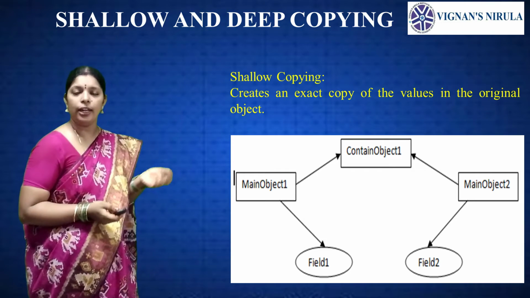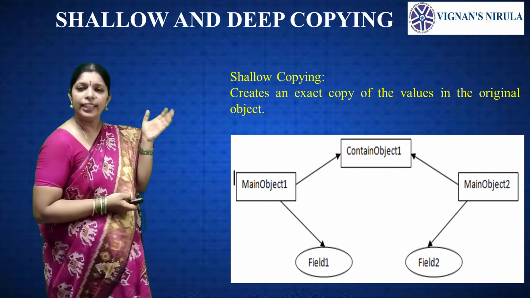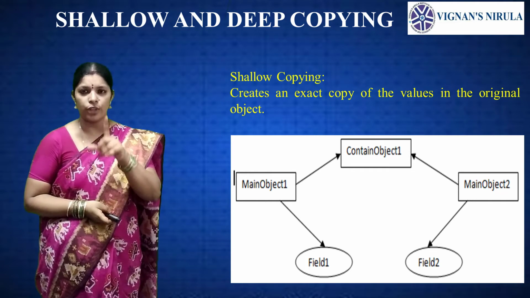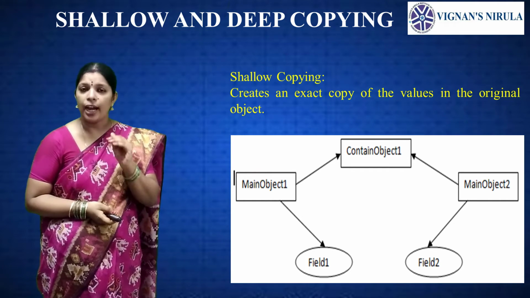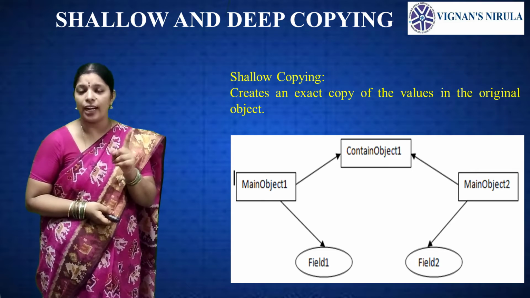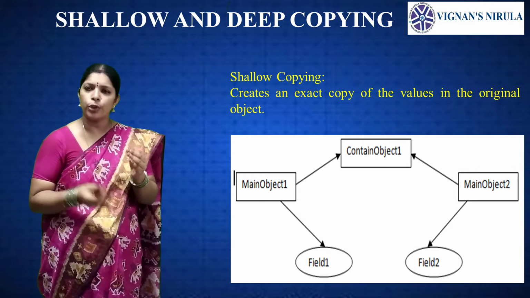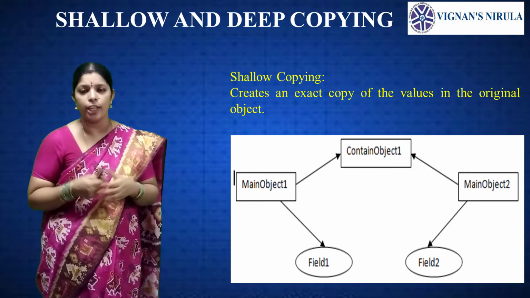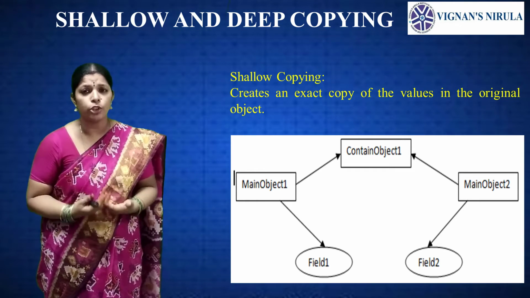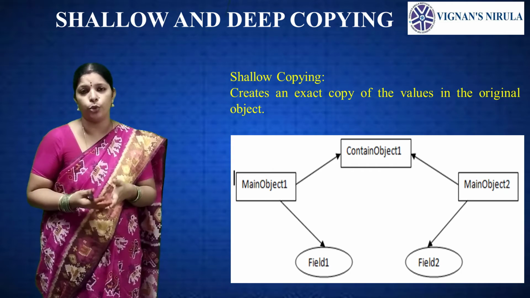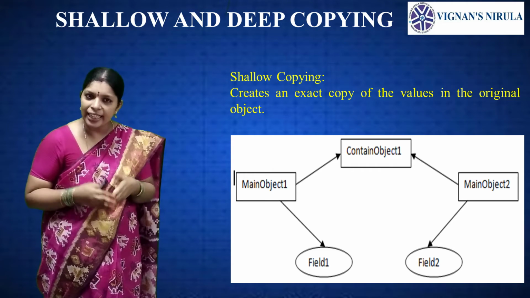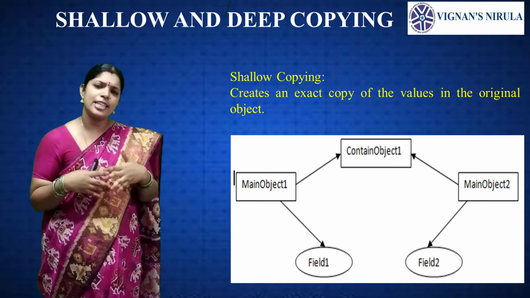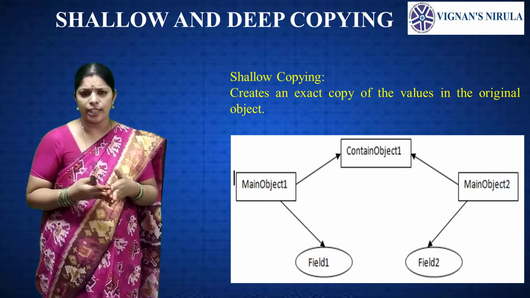And what is meant by deep copy? In this figure, main object 1 has fields like field 1 of integer type and contain object 1 of the contain object type. When we do a shallow copy of main object 1, main object 2 is created with field 2, containing the copied values of field 1 and still pointing to contain object 1 itself.